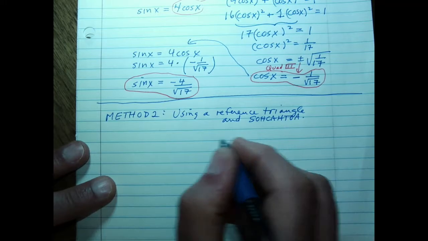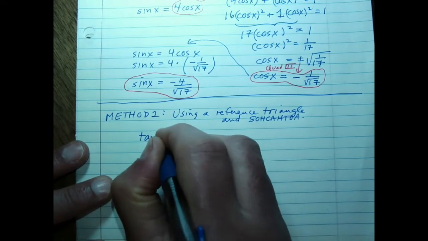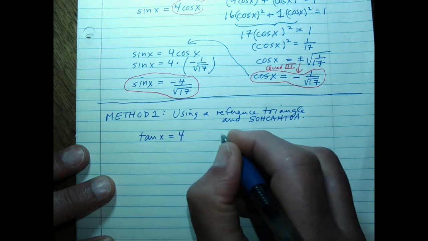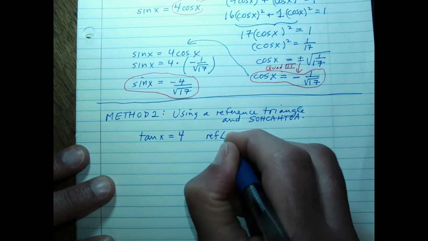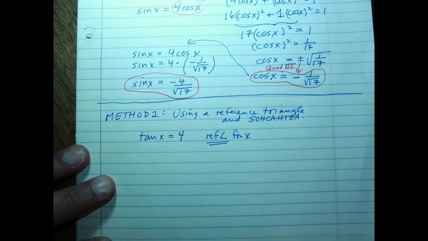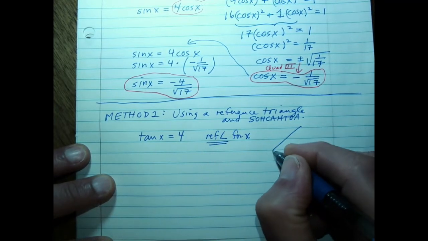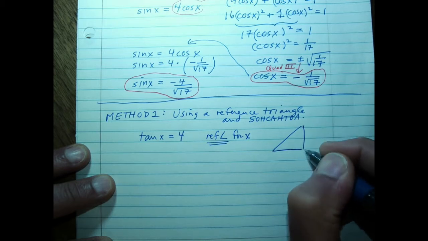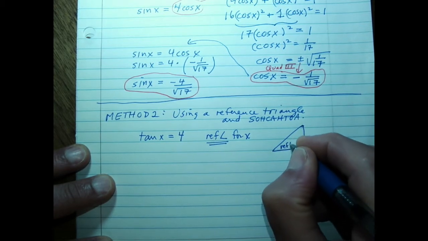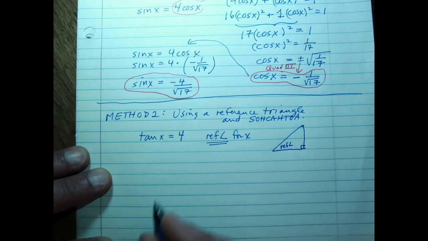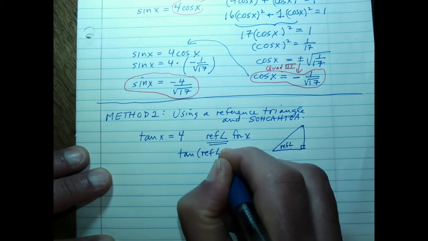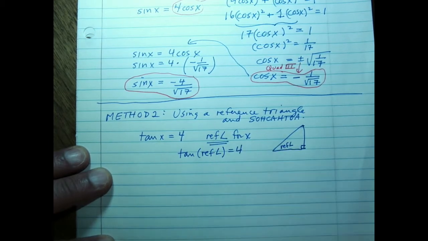So we're going to, again, take our tan x is 4, but we're going to use the reference angle for x. I just write REF angle, because we're not calculating with it so much. I don't even want to give it a variable name. I just want to be able to draw it in my triangle. Tangent of the reference angle is also going to be 4.